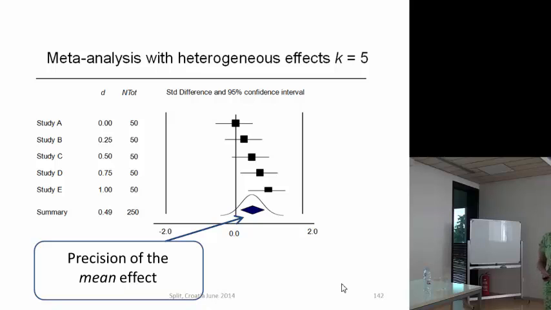What I worry about is when people do a Q-test or a chi-square test for heterogeneity, and they find that it's not significant, and then they say, well, there's no true heterogeneity, and then they use a fixed effect model because it's simpler and neater.